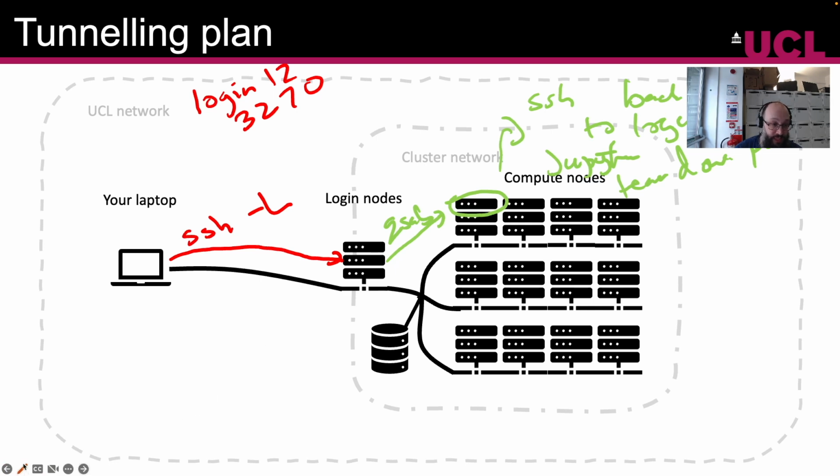Okay, so we'll make that connection blue. So that connection comes back. And then on the client, we will start a web browser and connect that to port 3270 on there.